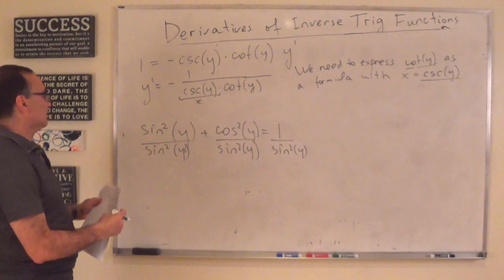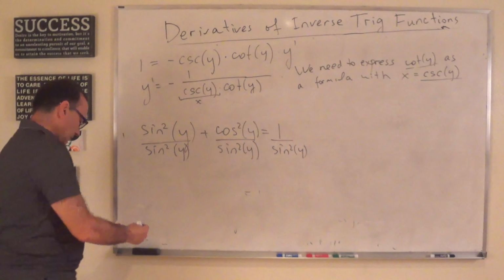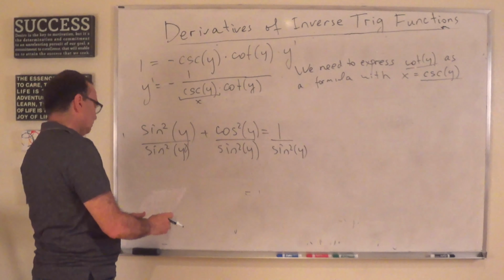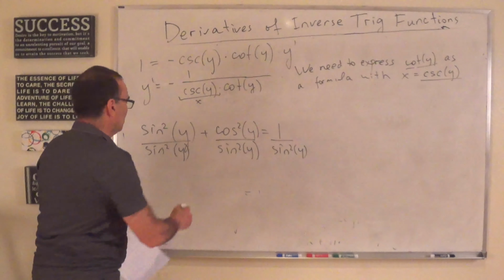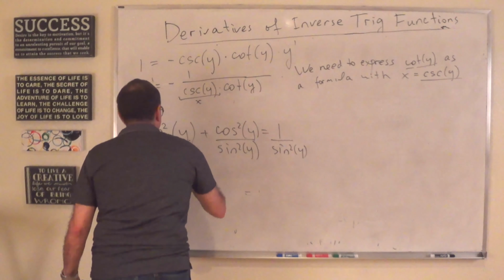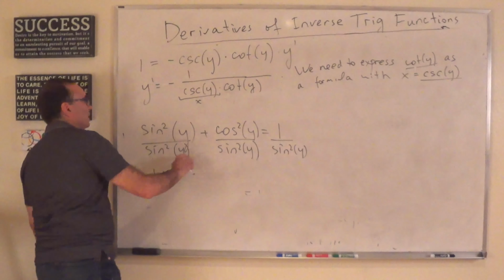We have 1 plus cotangent. So 1 plus, okay, sine squared y over sine squared of y is 1.